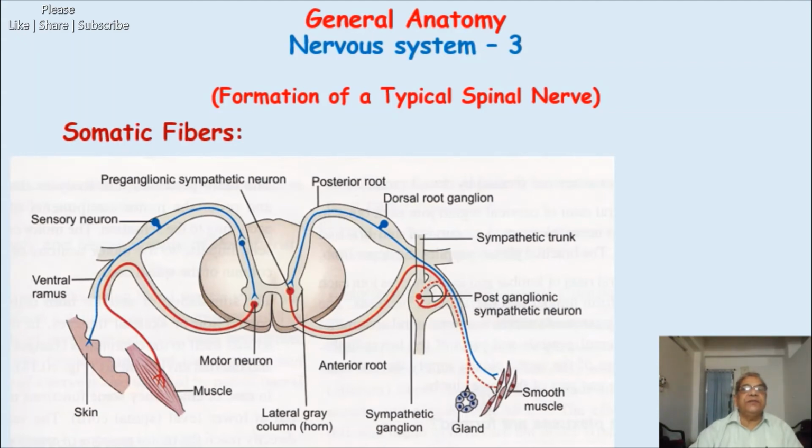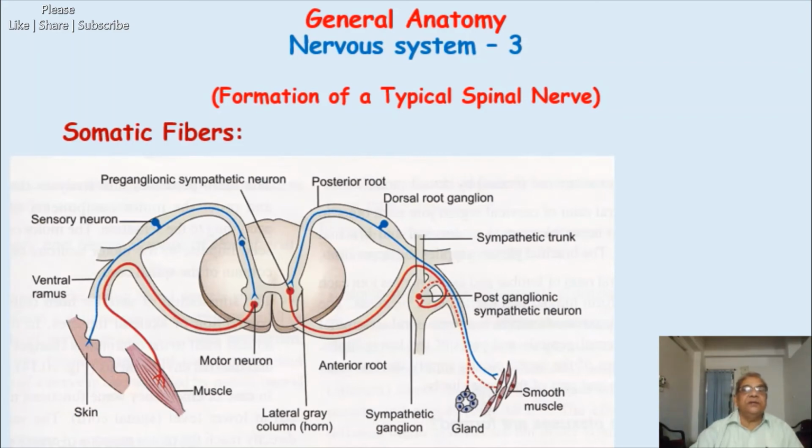Some of the fibers will go into the dorsal ramus, and some will go into the ventral ramus. So the rami contain mixed fibers, both sensory as well as motor. These are the components of the somatic fibers present in the spinal nerve.